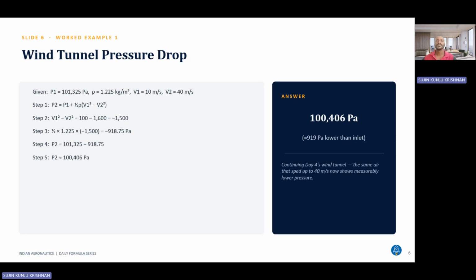Example 2, venturi tube pressure drop. Yesterday's venturi tube accelerated air from 30 meters per second to 75 meters per second. Same density and inlet pressure, find the throat pressure.